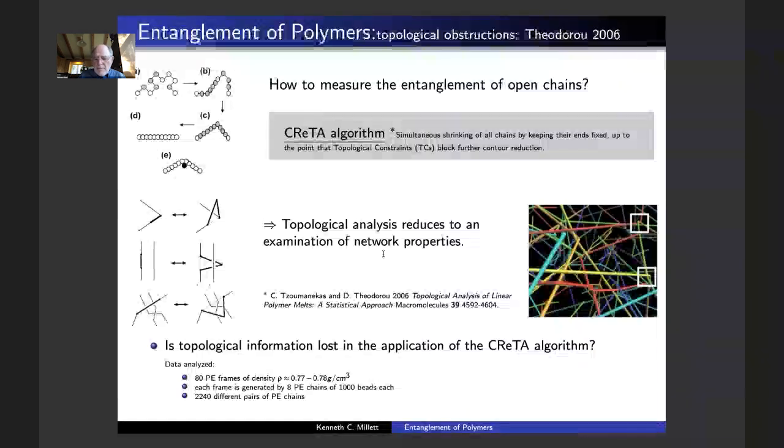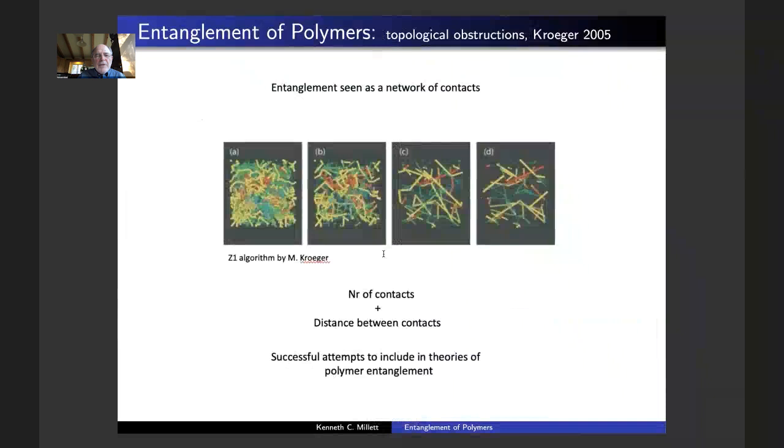Roughly at the same time, Martin Kroger had a very similar algorithm called the Z1 algorithm, and he applied similar methods to get a related structure that I've shown here. What information is lost when you do that? How does this depend upon the sequence of applications that you do? That was really the question.